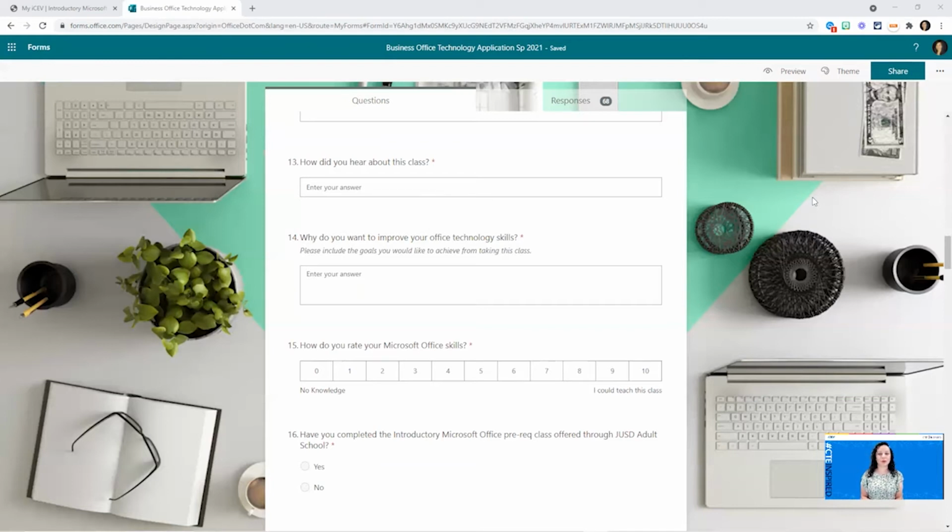So if their goal is to help their kiddos with homework, that wasn't a common goal. But it was a goal for some people, but it wasn't as common as to move up in their career field, right? So when I advertise for my class, then I use that.